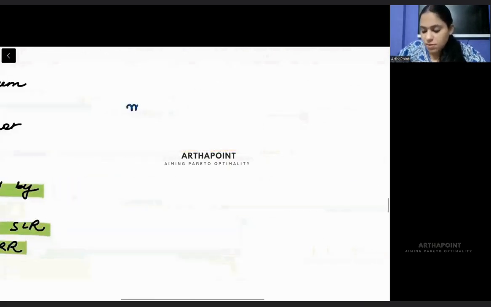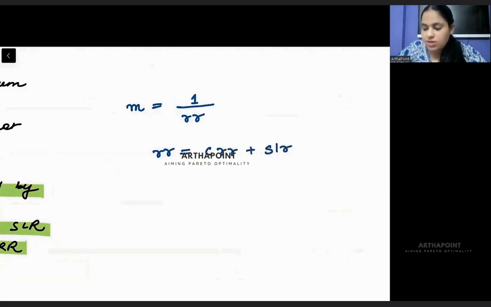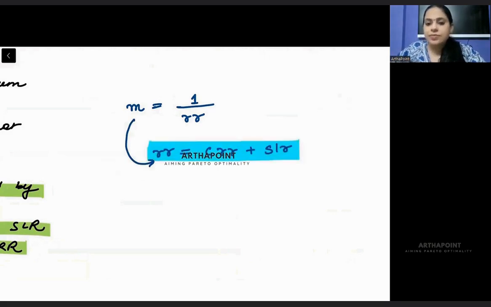When we talk about the multiplier, one way of writing it is 1 by reserve ratio. The reserve ratio includes both cash reserve ratio and statutory liquidity ratio. So the multiplier is affected by both CRR and SLR.